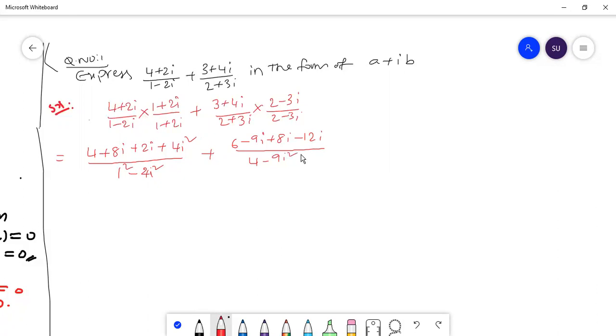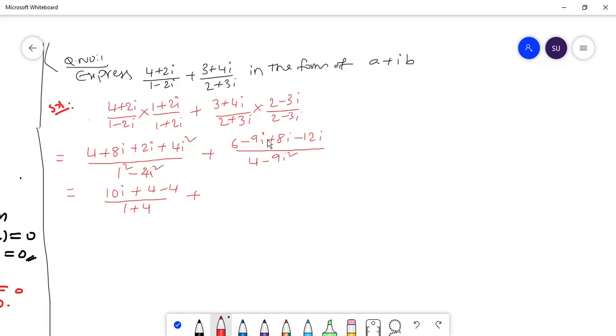If you are able to write it, you can directly write it also. This is 4, 8i plus 2i is 10i, and i square is minus 1, so 4 minus 4 becomes 1 plus 4, because i square is minus 1.